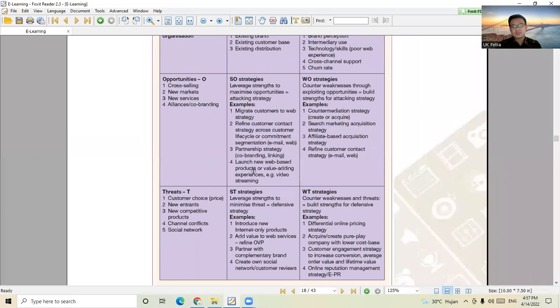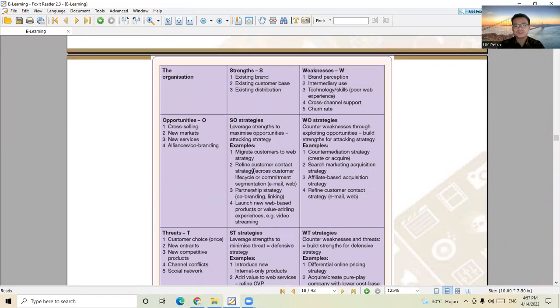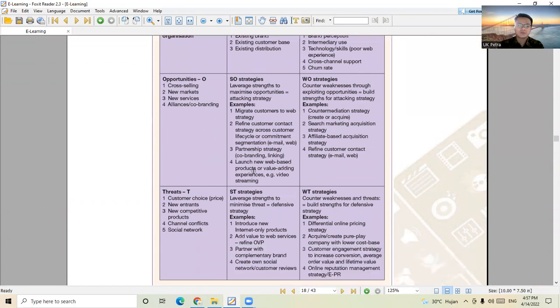And this SWOT analysis is, I can say, a very useful tool. It's very useful for your preliminary analysis, to evaluate yourself and to make general or generic strategies. And you can use each of these strategies to make tactics.